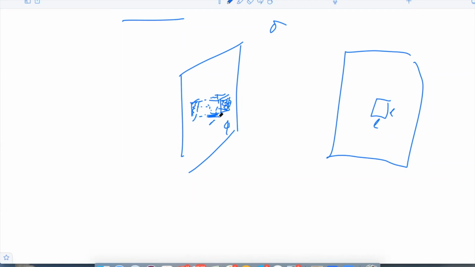By the same argument we made before, E is pointing away from the surface. So on this side over here, this entire side, E is pointing like this. My normal vector is pointing directly out at my eyeballs. Those are perpendicular. The flux is 0 through all 4 of these sides around here. The only flux we have is through the front and back.